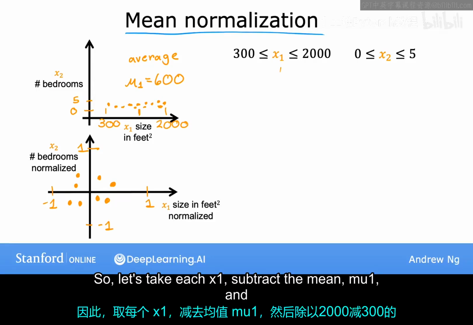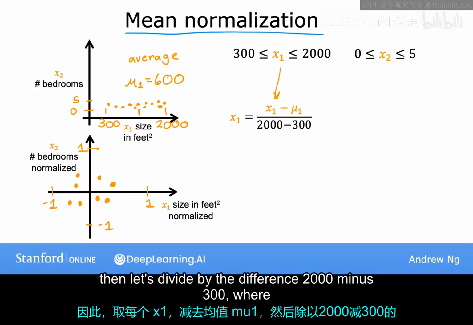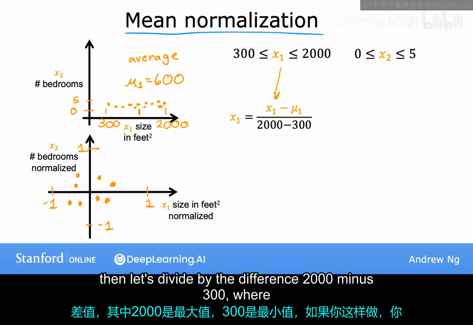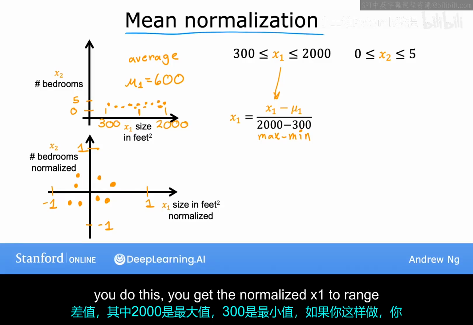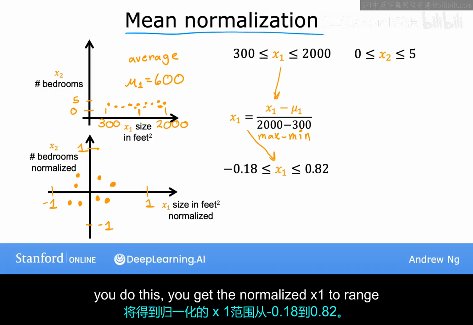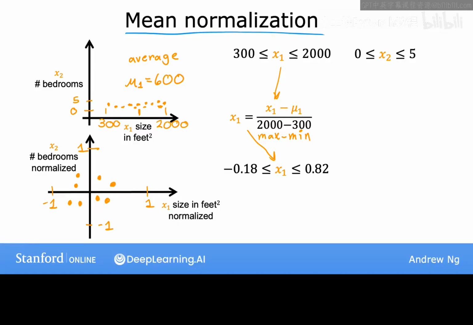So let's take each x1, subtract the mean mu1, and then divide by the difference 2000 minus 300, where 2000 is the maximum and 300 the minimum. And if you do this, you get the normalized x1 to range from negative 0.18 to 0.82.